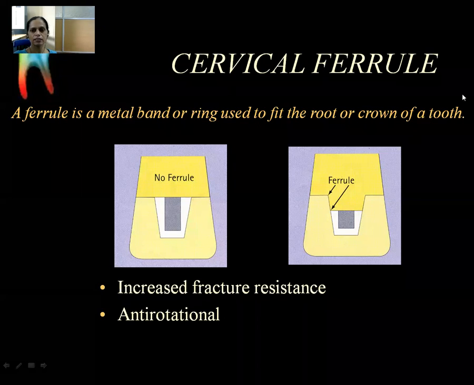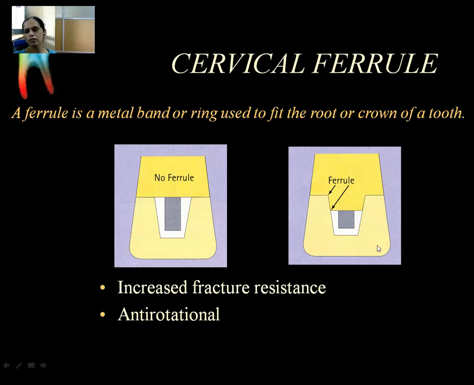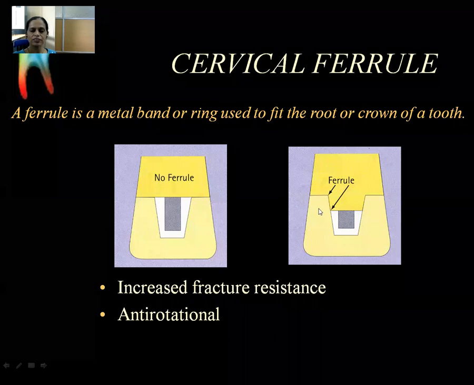See, this is a metal band of the crown. Am I clear? This is the metal band of the crown which encircles the remaining coronal portion of the tooth. See, this is the coronal portion of the tooth. Okay, and this is the metallic part of the crown.